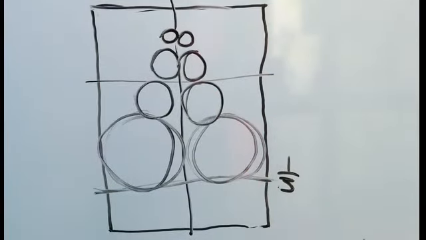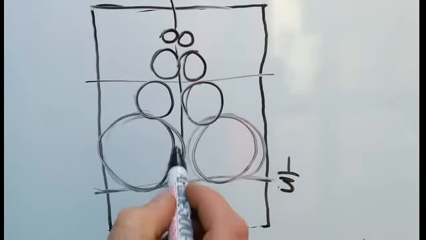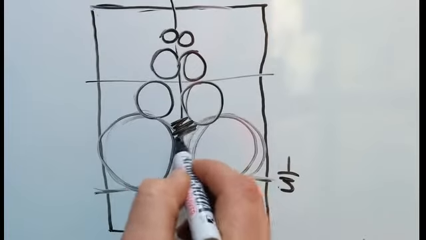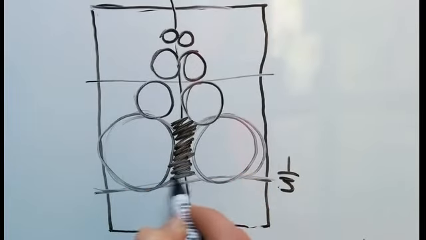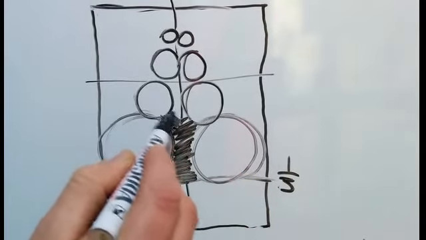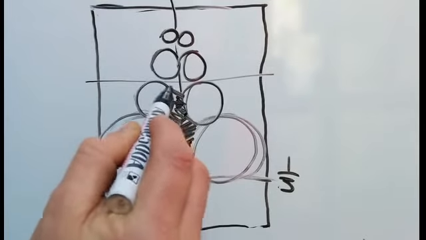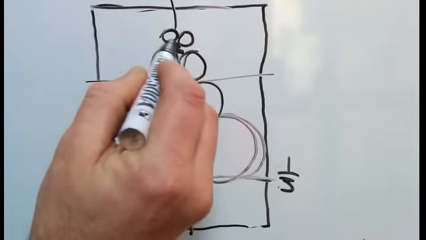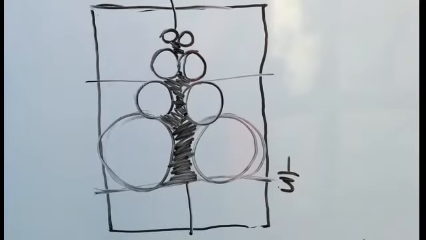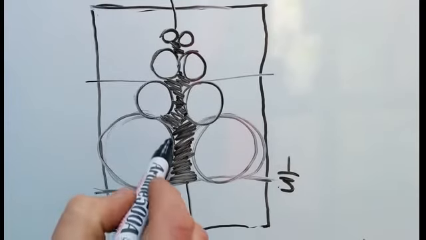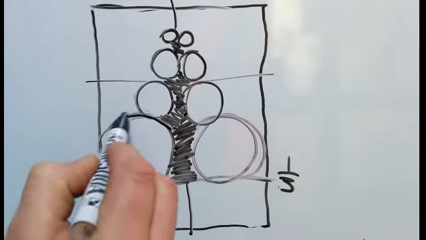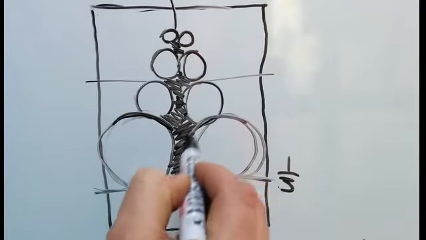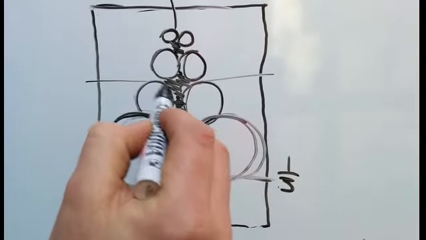Okay, once you've done a stack of circles like this, then what I want you to do is just to start to fill in the gap in between them, down to your bottom third. Okay, that gives you the trunk of your tree. What we're going to do is use the tops of the curves here as our branches.